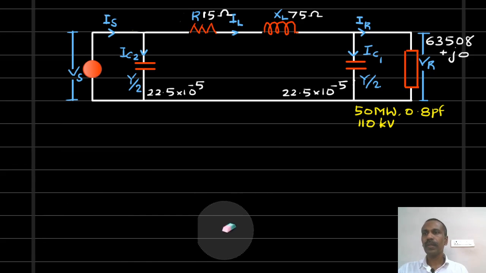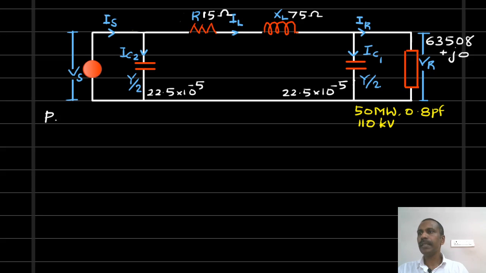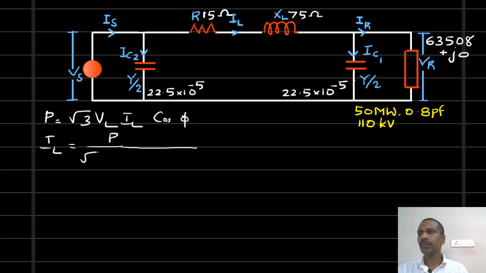Now we will find out the receiving end current. So you know P equals root 3 VL IL cos phi. So the line current equals P divided by root 3 into VL into cos phi.